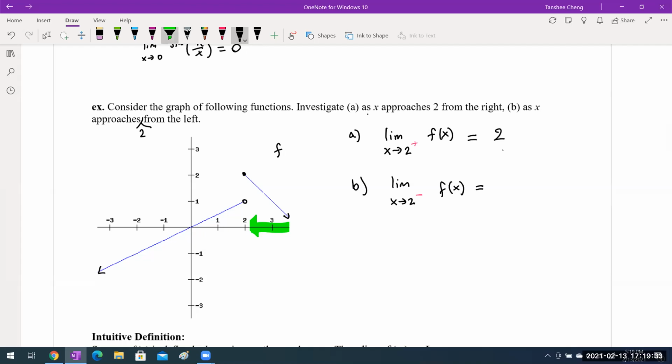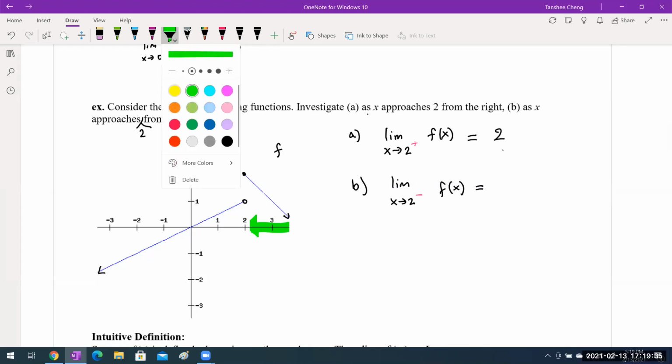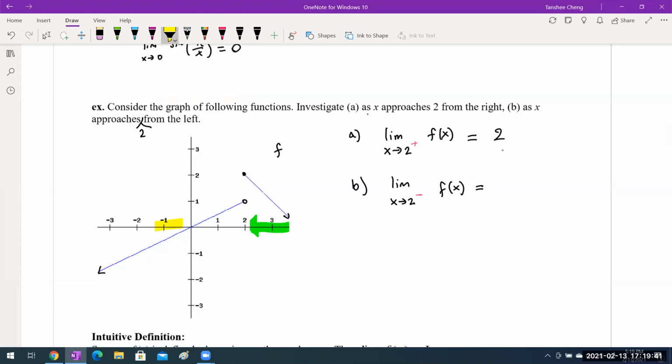So for this case, x is approaching 2 from the left-hand side. Approaching 2 from the left-hand side is coming from this direction, the left side, and going this way. When we look at the graph of this function, approaching from the left-hand side, we are not touching this part of the graph at all, right? We are using what?